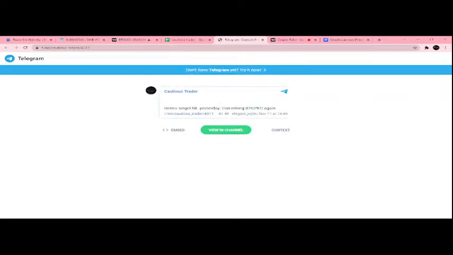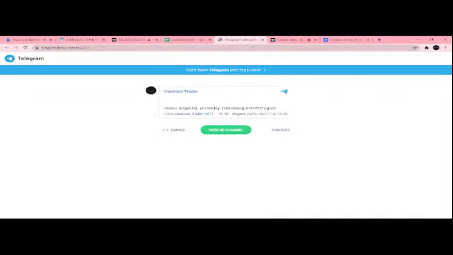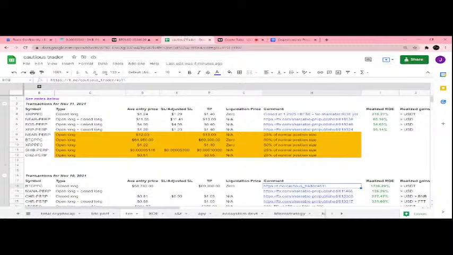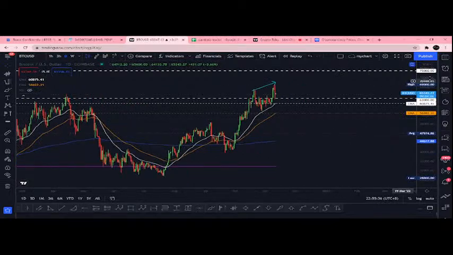Since there's no ROE there, there's actually a picture in it, but I don't know, it's not showing here. So anyways, that's it for BTC.